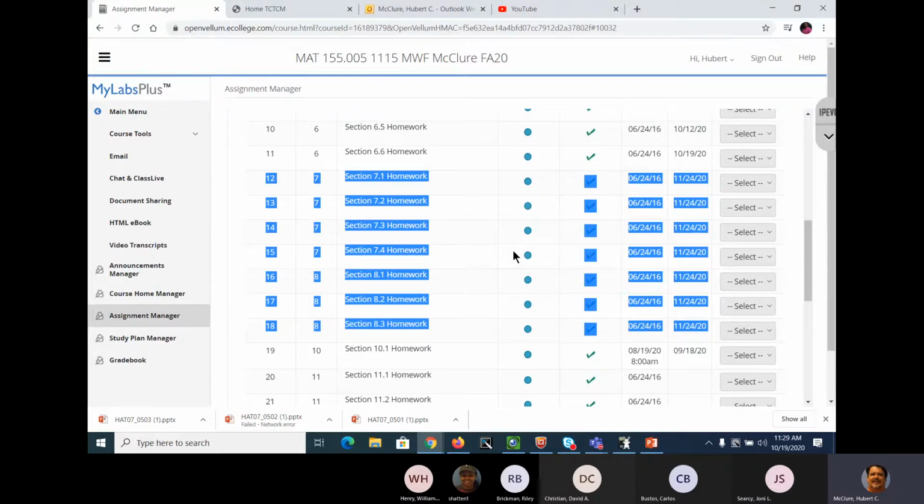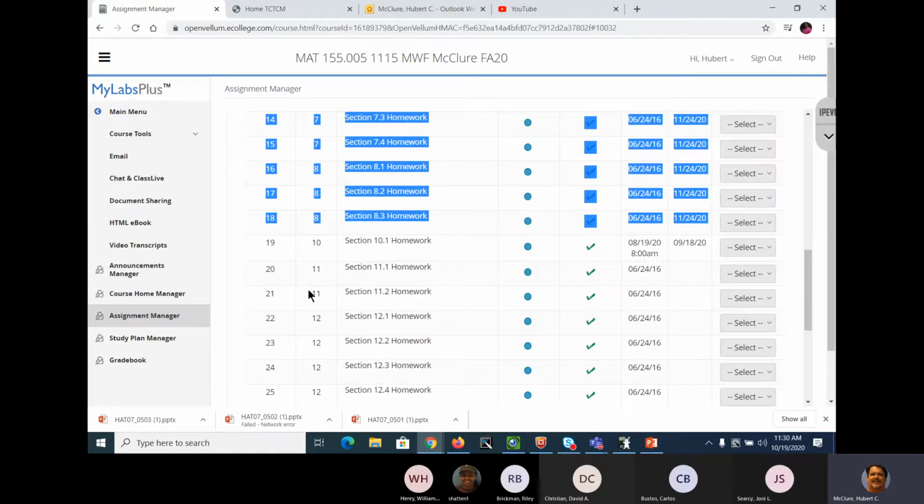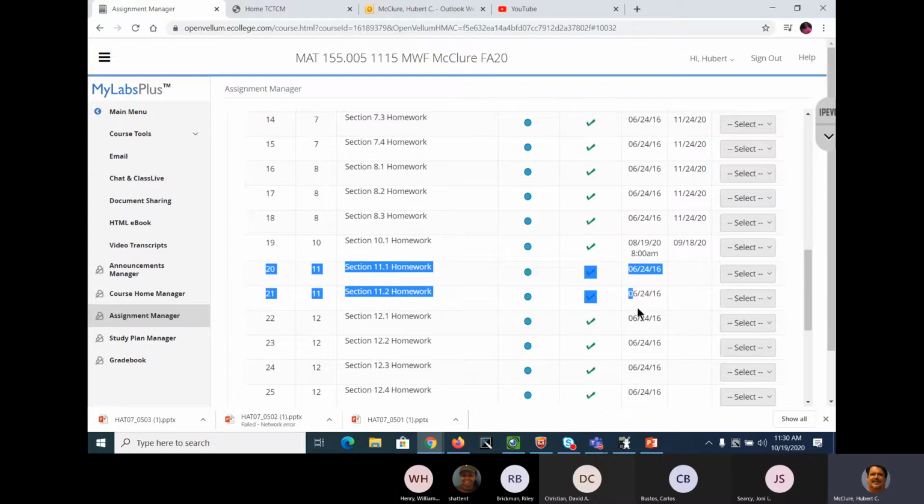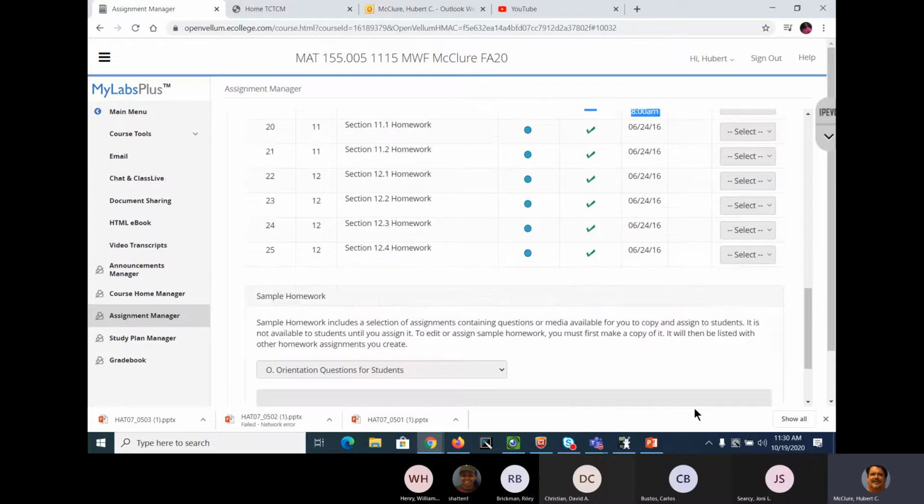So that's something that most of y'all can be working on whenever you're not working on regular work. We're going to start 11 either today or Wednesday. So we're going to start 11 and 12 and get that out of the way.